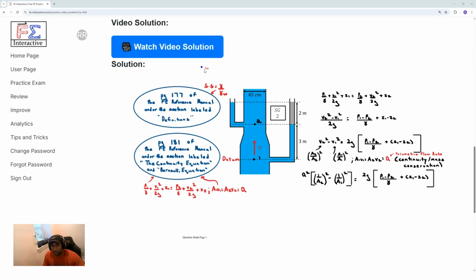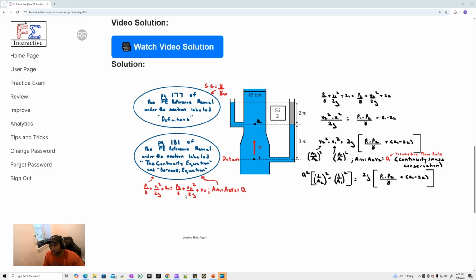Now, if we quickly review this solution, we have the idea of specific gravity. That was the ratio of two specific weights, or the ratio of densities, which was mentioned in this problem. It was relevant because we had this heavier fluid in the manometer here, and that was taken into account when we computed P1. We also had the continuity equation as well as Bernoulli's equation.